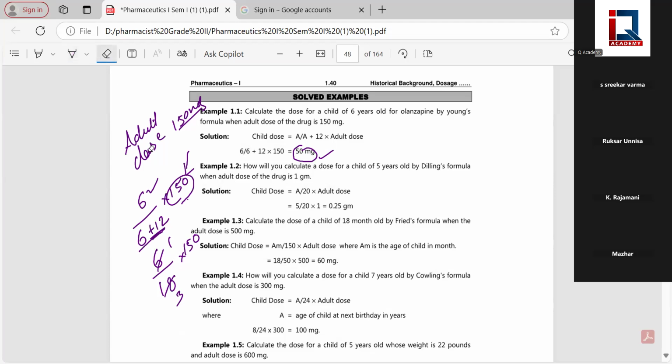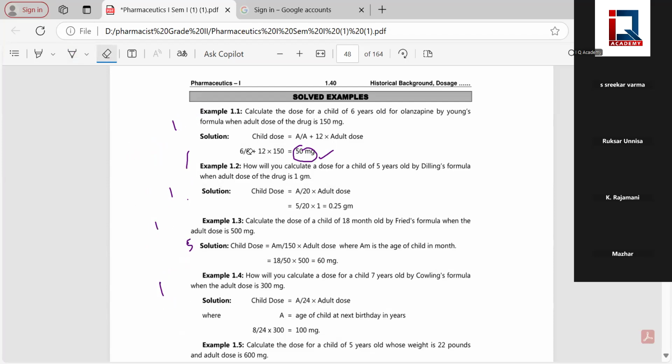See the next problem. We should keep solving quickly. How will you calculate the dose of a child who is 5 years in age by Dilling's formula, right? So what is Dilling's formula?